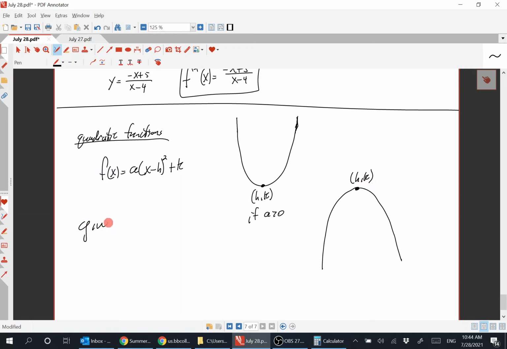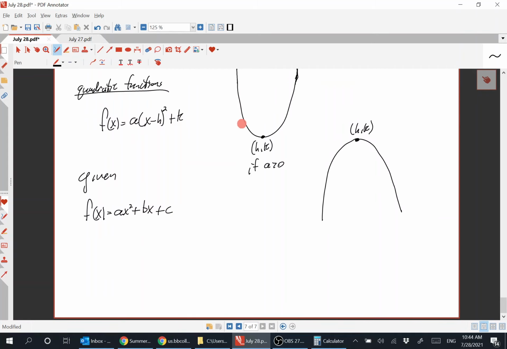And given f of x equal to ax squared plus bx plus c, the h is minus b over 2a, and the k is f of minus b over 2a.